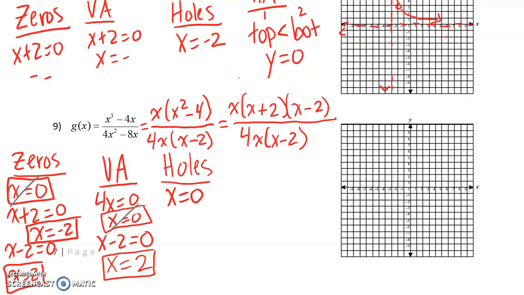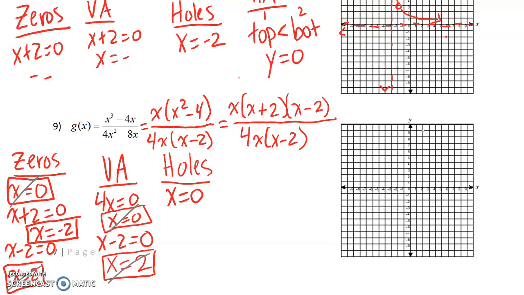If we keep looking at our list, you should see x equals 2. It is a zero, which tells us it's on our graph, it is defined. The vertical asymptote says that x equals 2 is undefined.